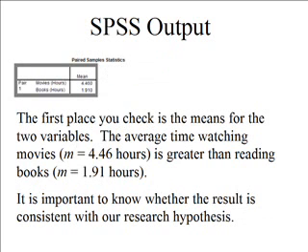People spent on average 4.46 hours watching movies and 1.91 hours reading books. So that's good. Anytime you're going to look at your data, you want to check those two means and say, did they go the way I expected? We expected more time to be spent watching movies than reading books, and the data is supporting that. That's the first and very important check to make.